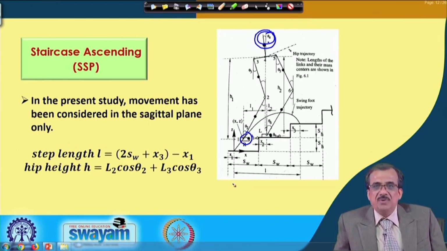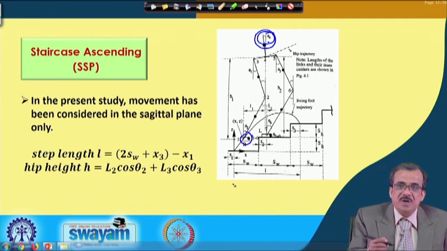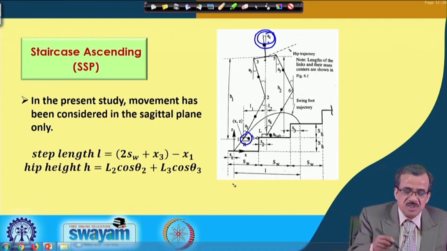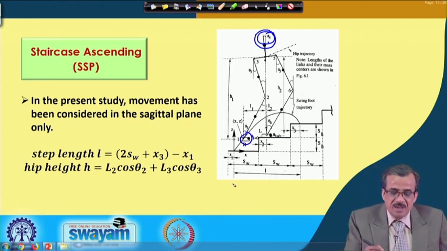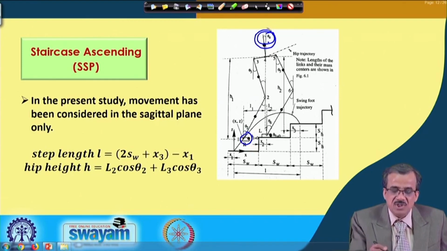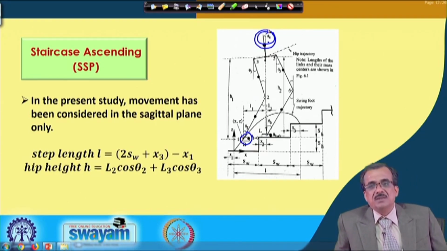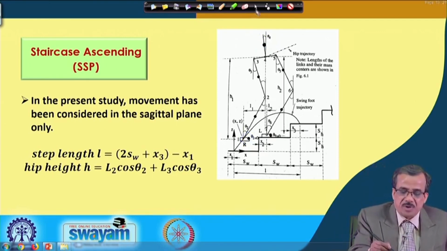I am not going into all such things because this course does not permit that. In the robotics course we consider all such things and calculate them. Here the purpose is to find out the change in theta 1 and the change in theta 4, so that the balance is maintained for this biped robot.